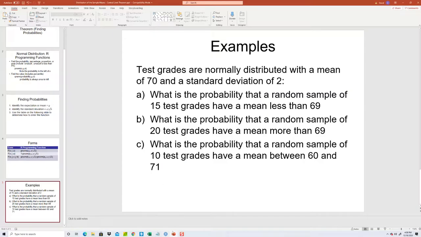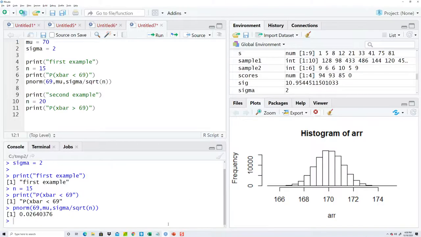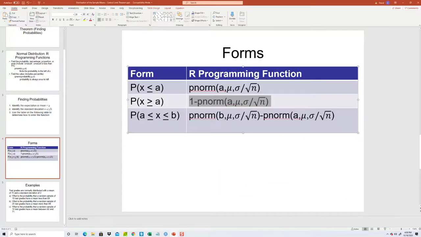Well, a greater than case, that's our second one here. And we're going to use 1 minus p norm. It's 1 minus p norm x and mu, sigma divided by square root of n. And that's just off this right here.